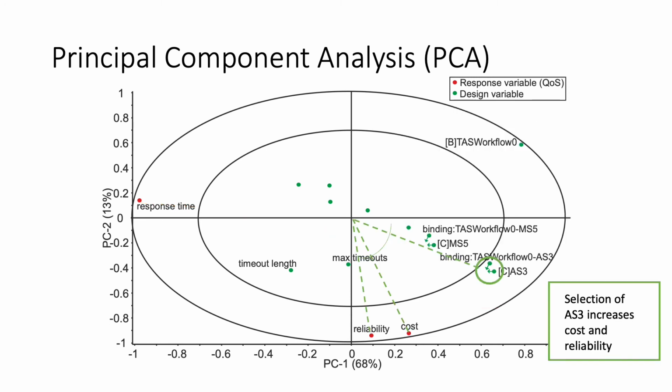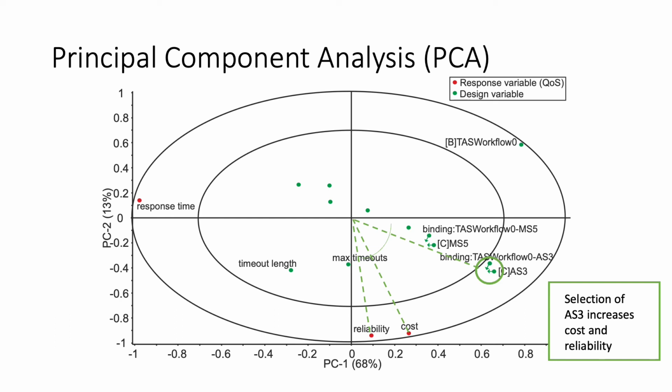So far, we have been discussing QoS variables, but the loading plot also enables architects to observe the influence of design variables on variability. Here, we can see in the lower right quadrant of the ellipse that some of the most influential variables for PC1 correspond to the presence of a LAMP service instance AS3 in a configuration.